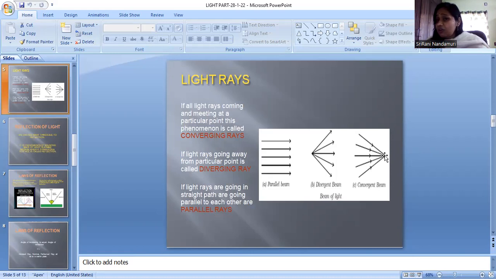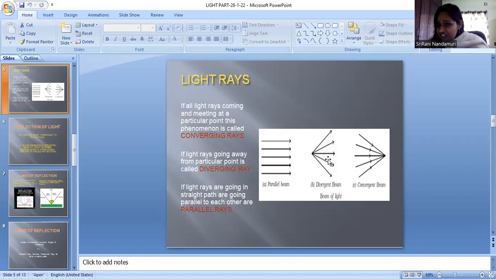All the light rays are meeting at a point. Here you can see the arrow I kept. This is the point where all these light rays are meeting. Converging means coming together. That is nothing but a convergent beam or a convergent ray.